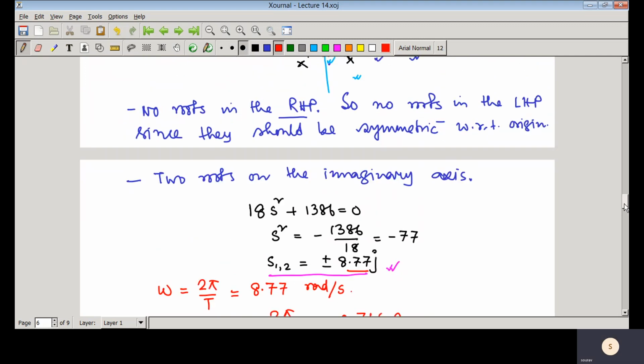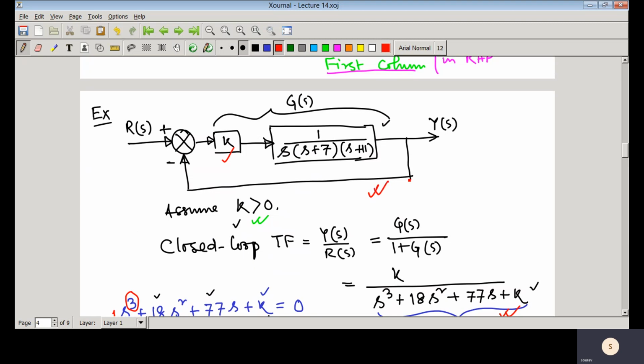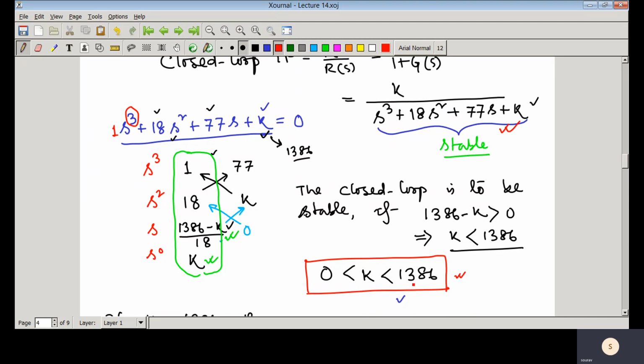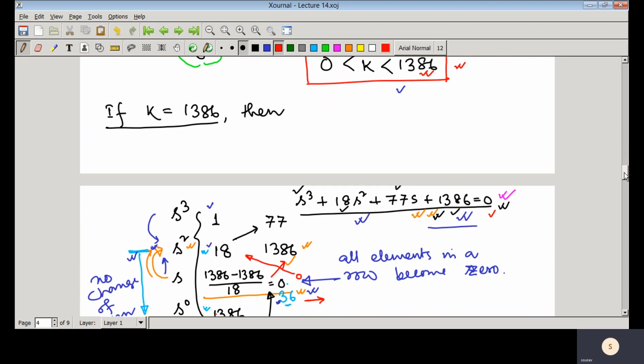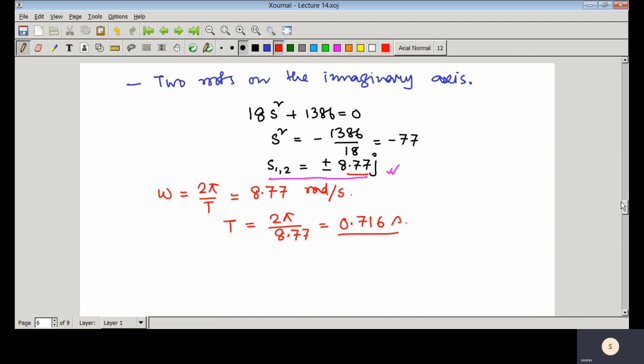So that means if we go to this particular closed loop system, and in place of k, we put k equal to 1386, then we find that the system would be purely oscillatory, and for that oscillation you can see that the angular frequency is 8.77, and the time period would be 0.716 second.